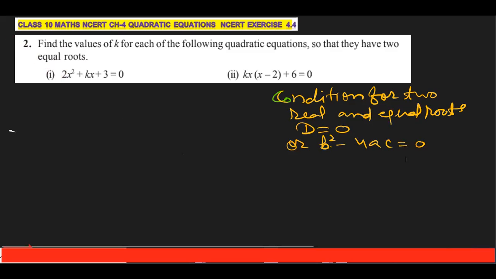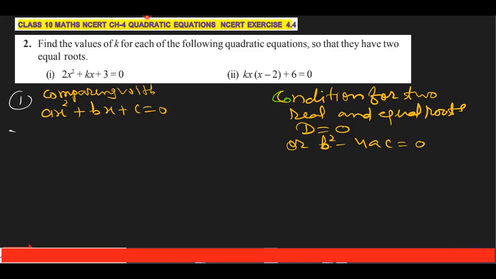So we are taking here the first part, comparing with the standard form, that is ax square plus bx plus c is equal to 0.